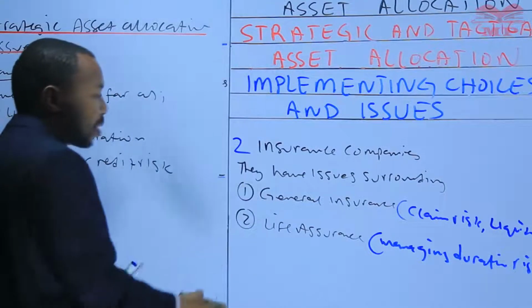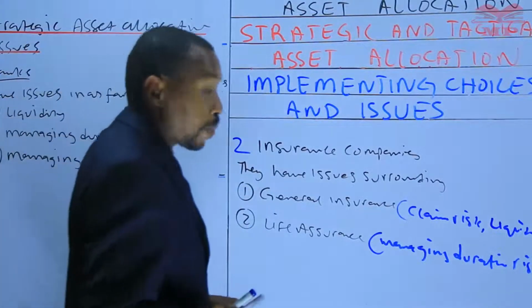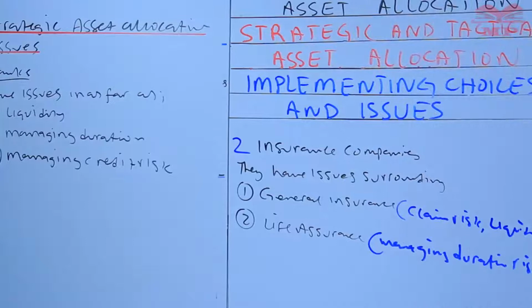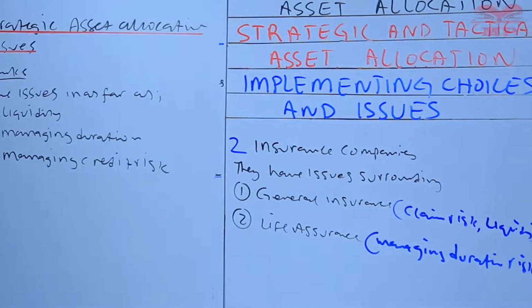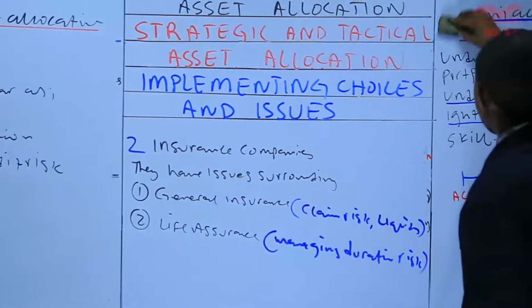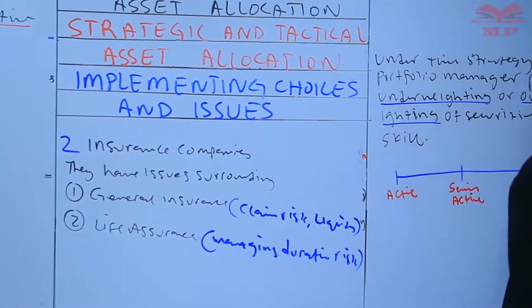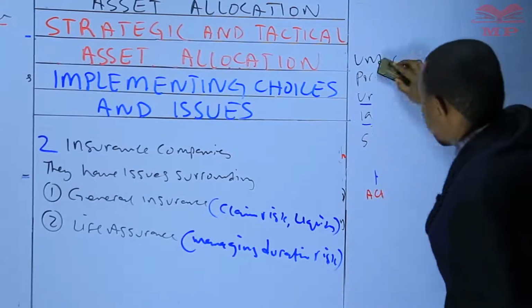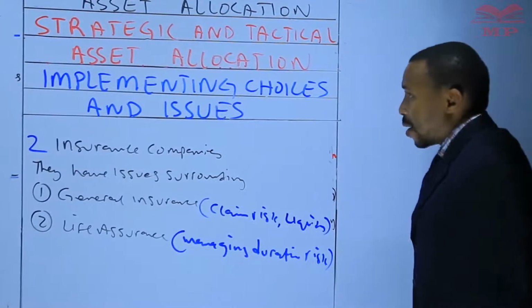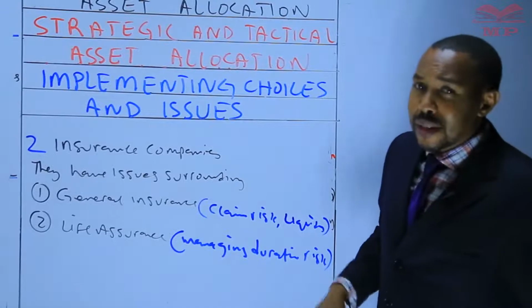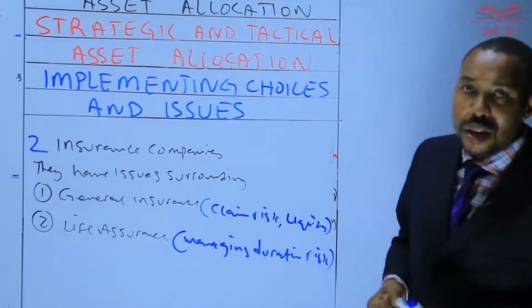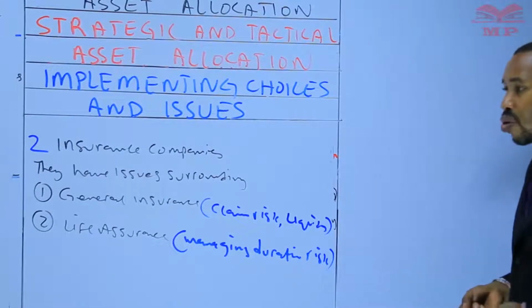So under insurance companies, general and life assurance companies, please look at my lecture about institutional investors, where I expounded this further. So in the perspective of strategic asset allocation, commercial banks need to consider liquidity, managing duration, and also managing credit risk.